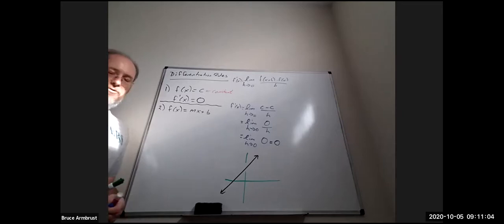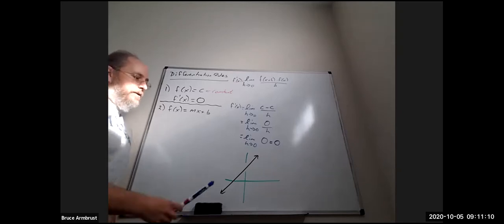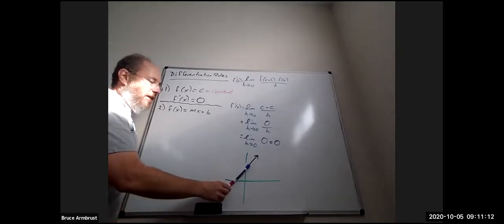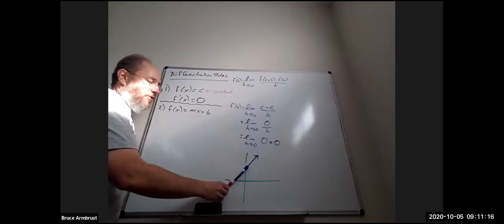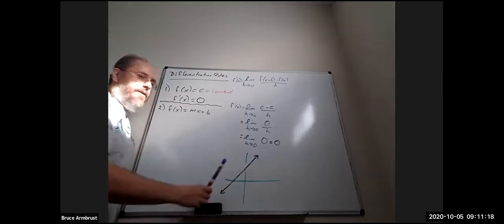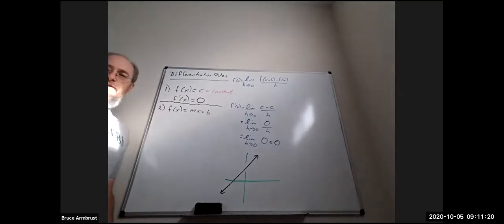So again, remember what the derivative is doing. It's finding the rate of change, the instantaneous rate of change, which is the slope of the tangent line. So if I have a tangent line to this line, the tangent line is that line, and notice that its slope never changes. What is its slope? Rise over run.